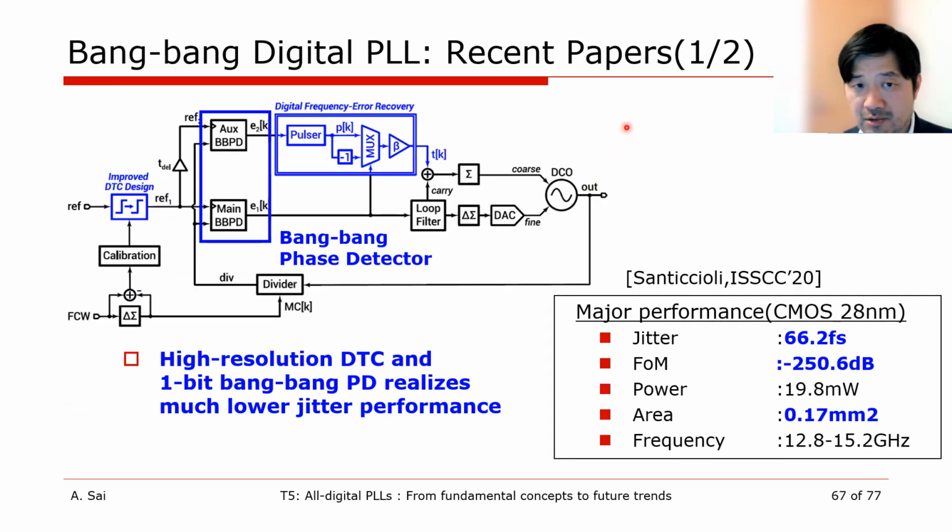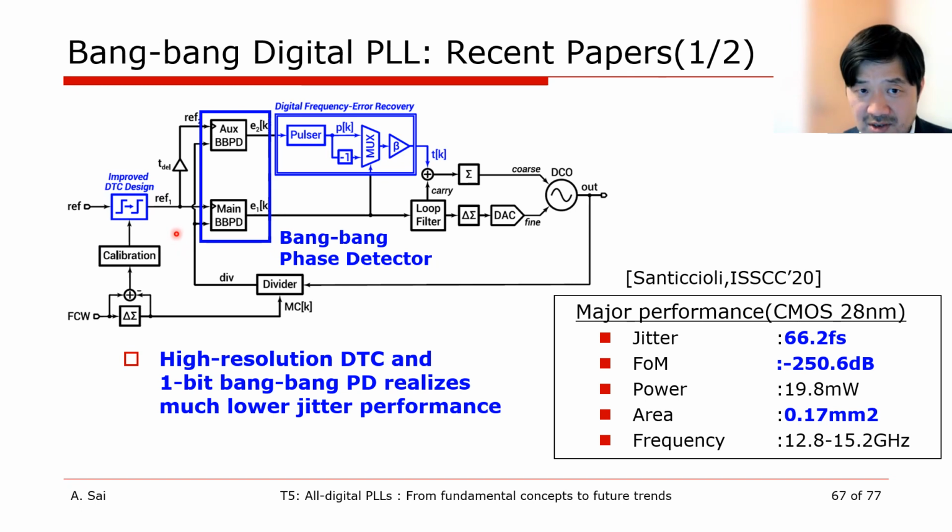Here, two papers about DTC-based digital PLLs using bang-bang phase detector are introduced. This paper realized the jitter FOM of less than minus 250 dB by using the bang-bang phase detector and DTC in the reference clock side, not divider output.